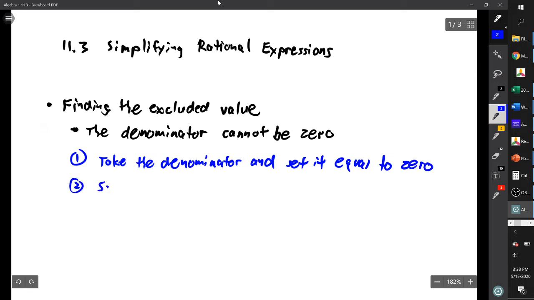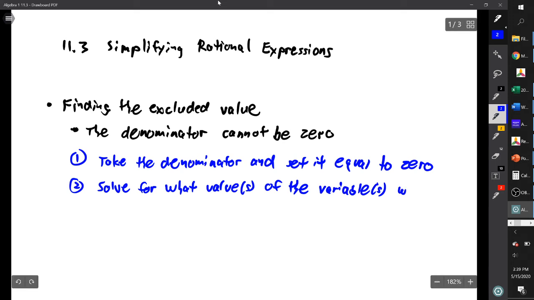And step 2, solve for the value or values of the variable or variables that make the equation equal to 0.